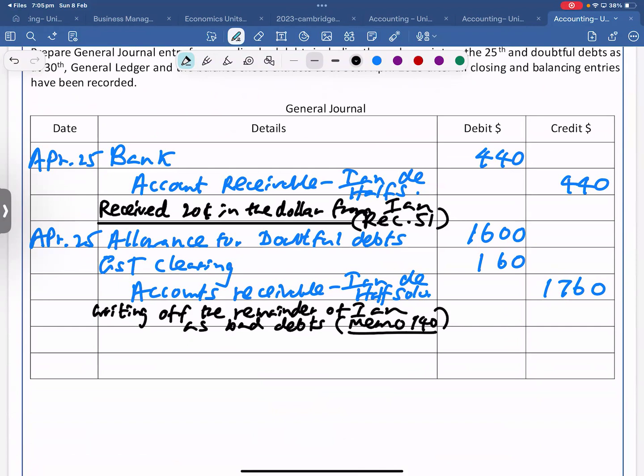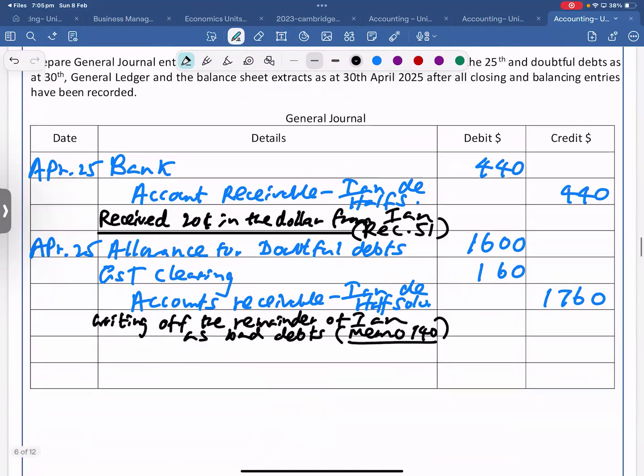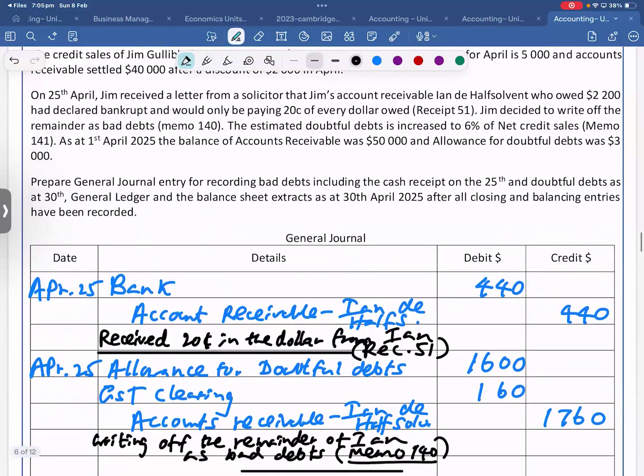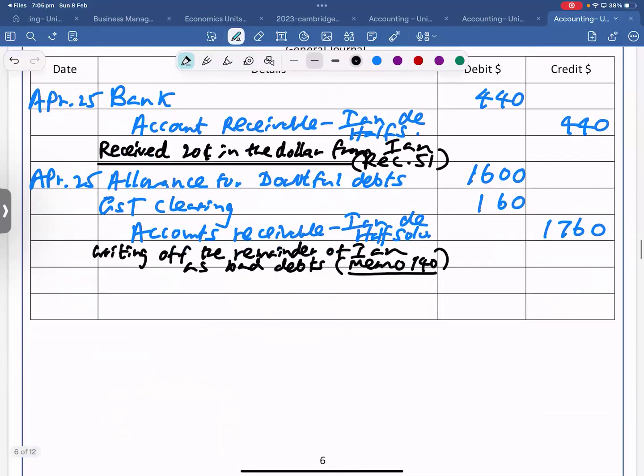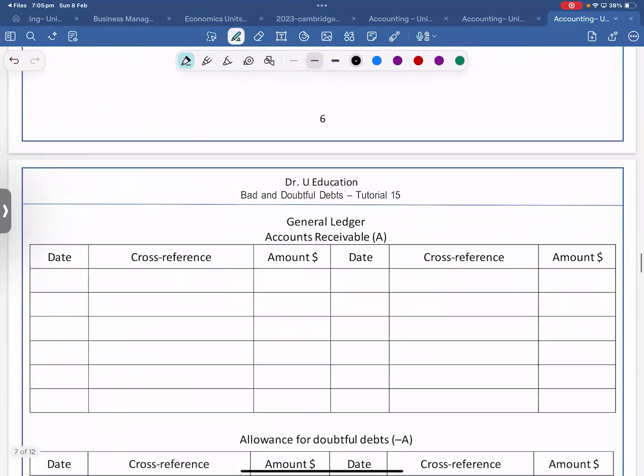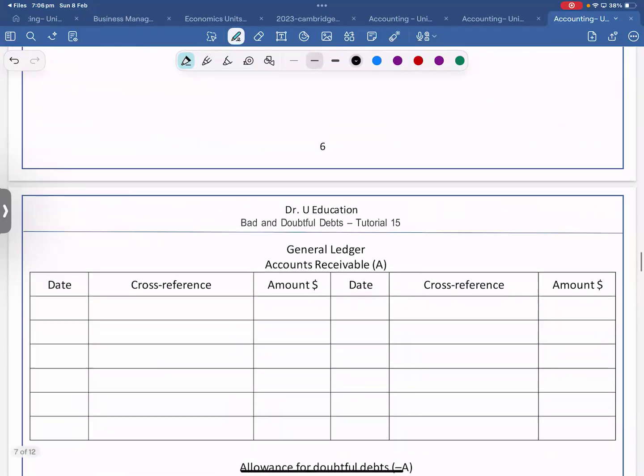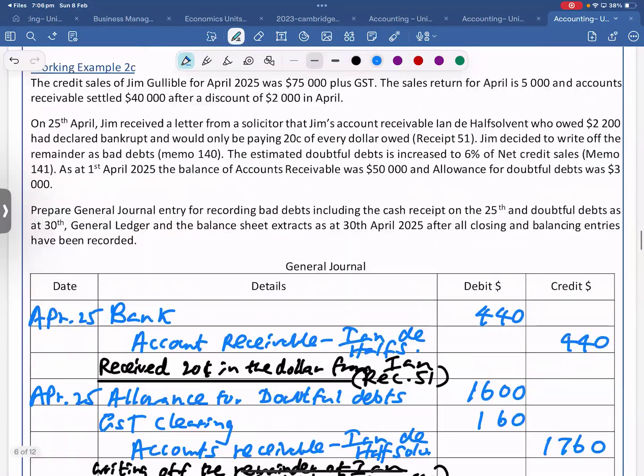Any questions? Then, guys, finally, what do we have to do? Now we have to do the ledger accounts. Shall we do the ledger accounts first? Okay, you want to start? Right.